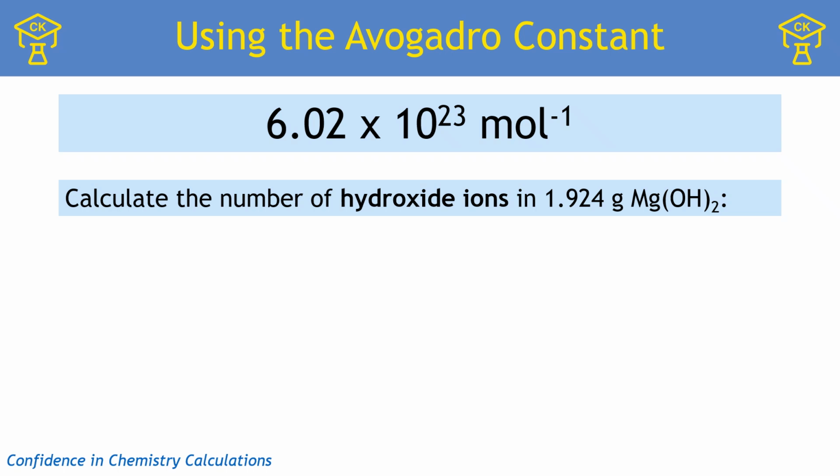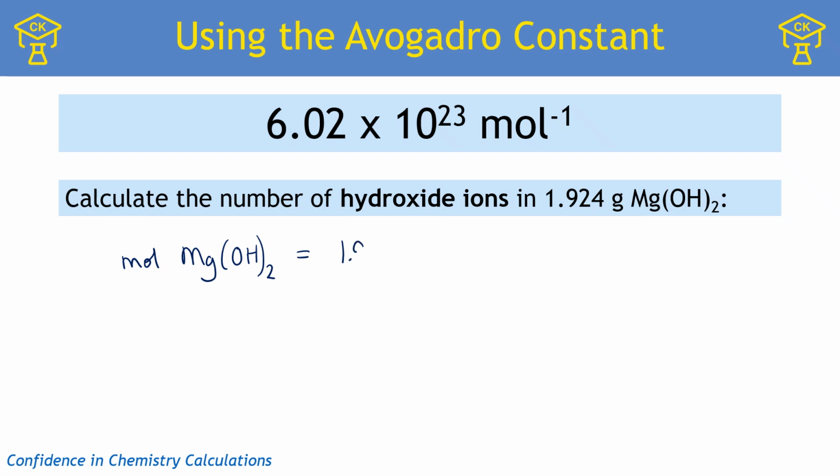Another example of this, slightly different. So the number of hydroxide ions in 1.924 grams of magnesium hydroxide. My first step is going to be exactly the same. I'm going to work out moles, and just to be super clear, what I'm working out initially is the moles of magnesium hydroxide.